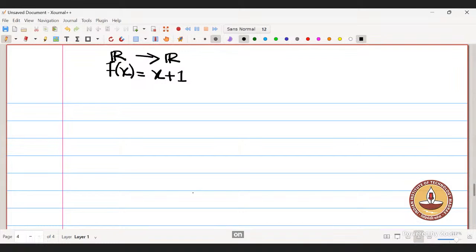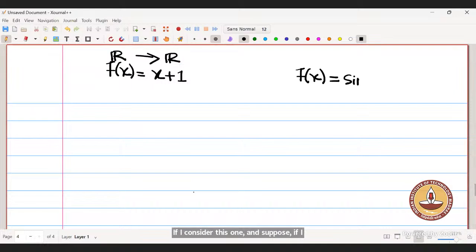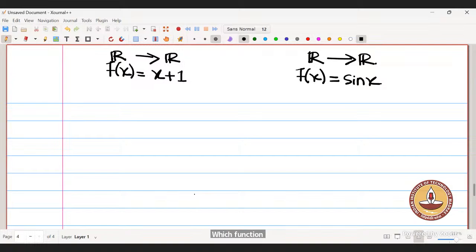And suppose I consider sine x from R to R. Is it one-one? Sine x. No, sir.